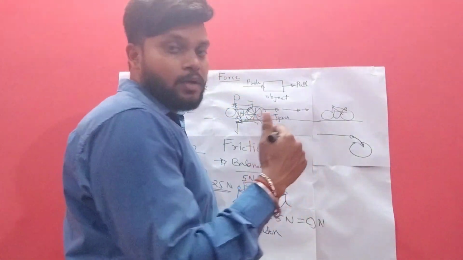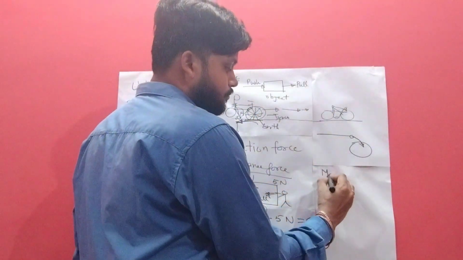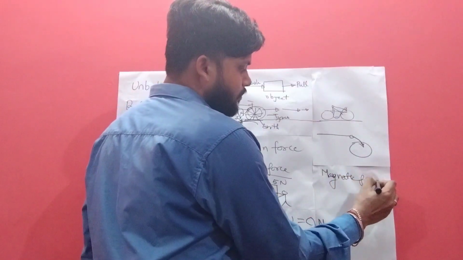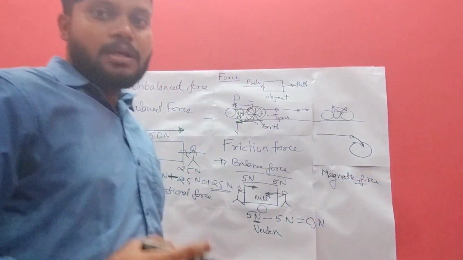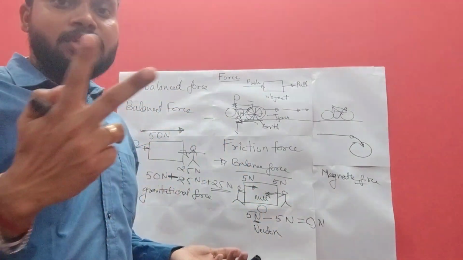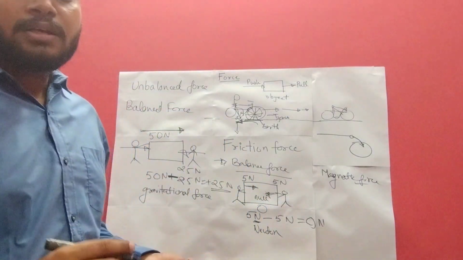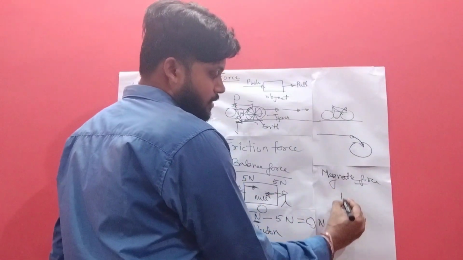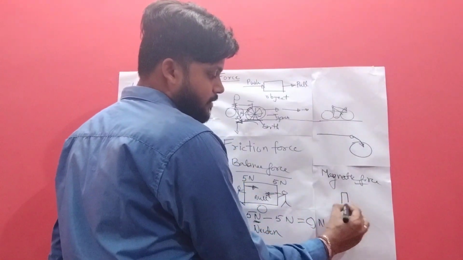Similarly, you must have heard about the magnetic force. What is magnetic force? As its name suggests, the force of attraction or repulsion between two magnets is called magnetic force. Suppose there are two magnets. Let me take the example of a bar magnet.